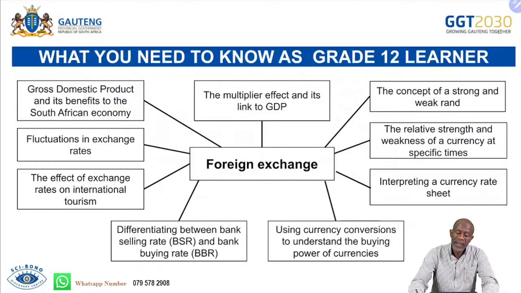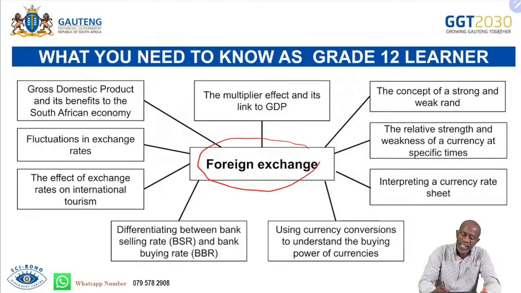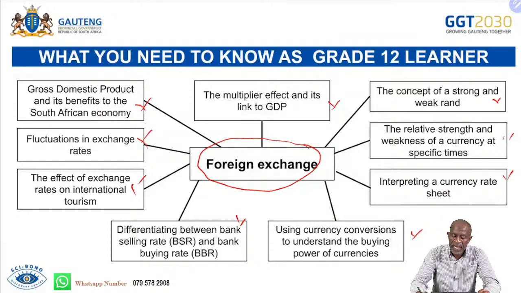This is just a mind map illustrating what I have just mentioned, the objectives of this topic. Remember, our main topic is foreign exchange. So all these are categories of foreign exchange, or where foreign exchange applies.